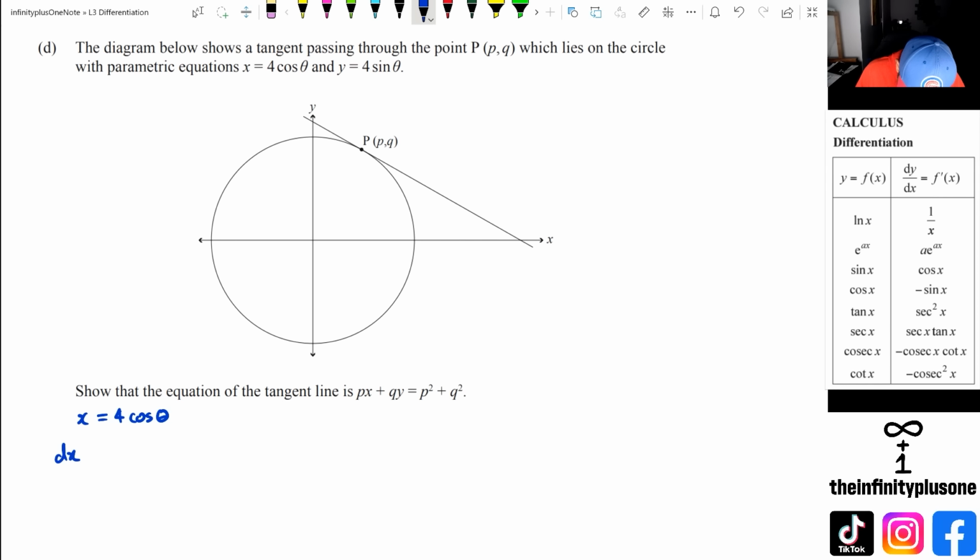So we can say that dx d theta is going to equal, now cos theta's differentiation is minus sine. So we're going to get negative 4 sine theta. Now y is equal to 4 sine theta, which means dy d theta is equal to 4 cos theta.